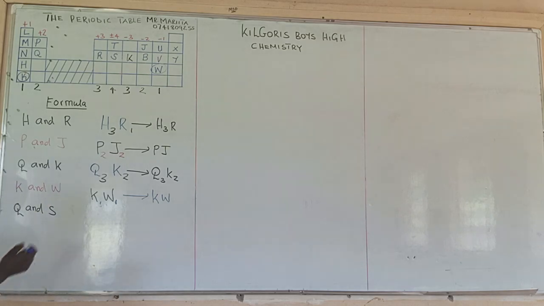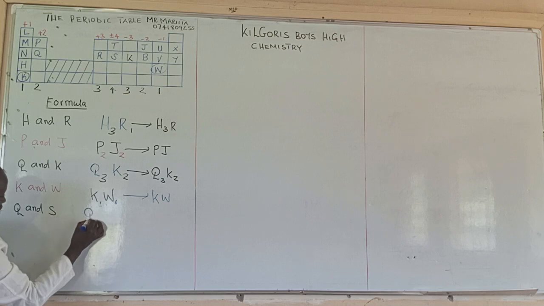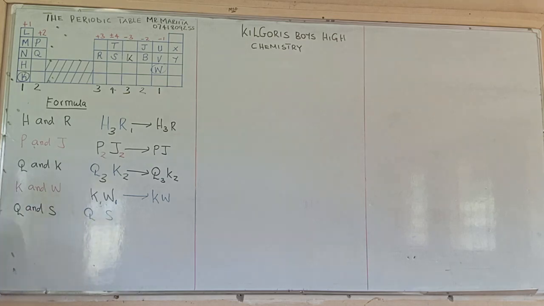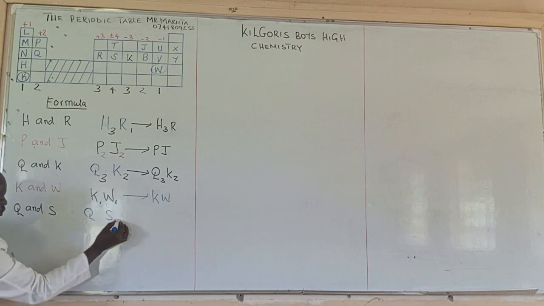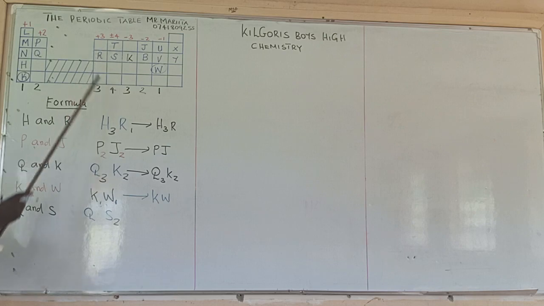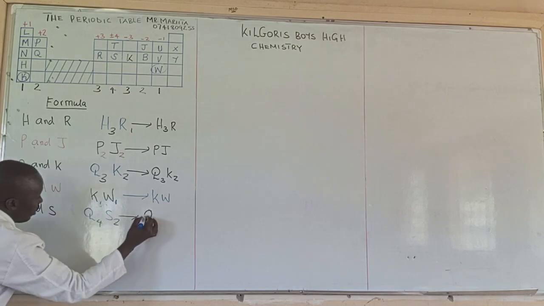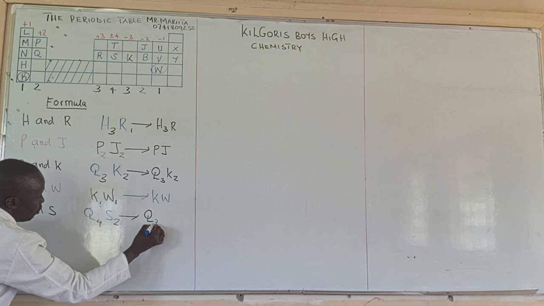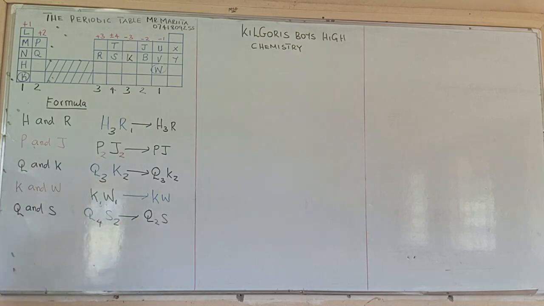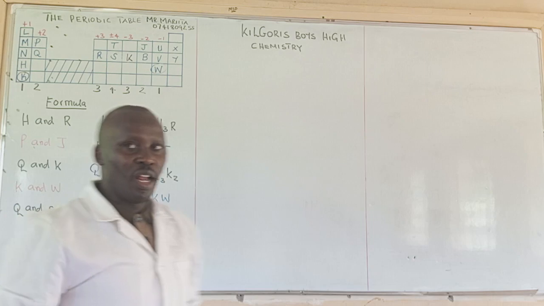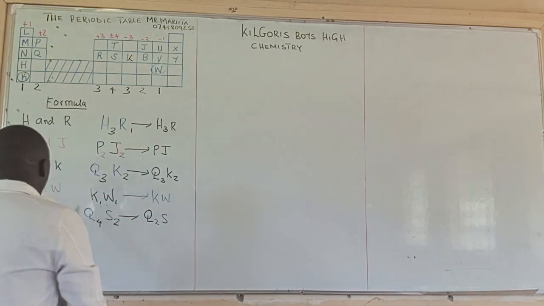You write Q, and then you will have element S. Then this Q has number 2, and this number 2 we write at S. Then where we have S, we have number 4, and this number 4 we write at Q. When you simplify that one here, you will have the formula as Q2, then we have S. That is the simplest way of writing the formula of the compound by using this number.